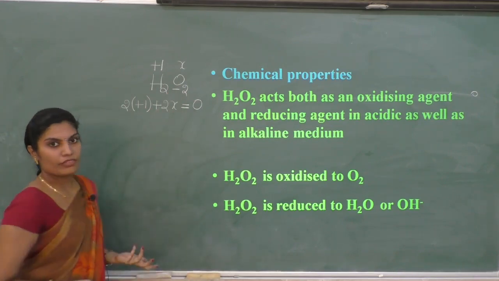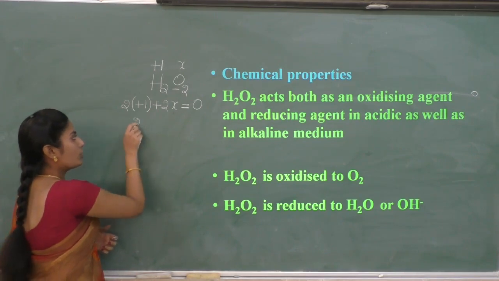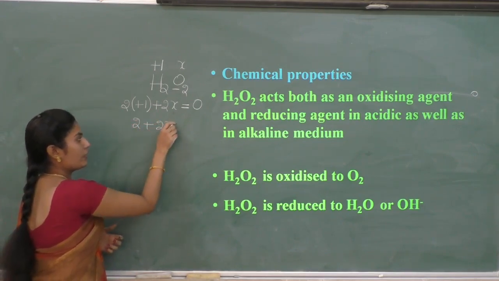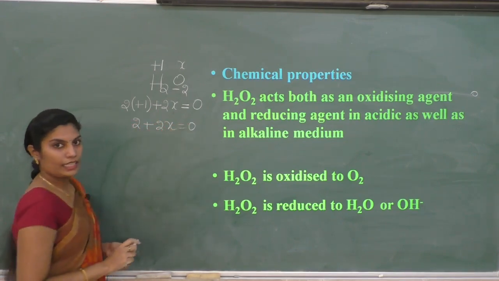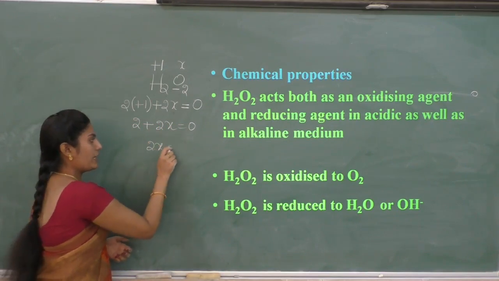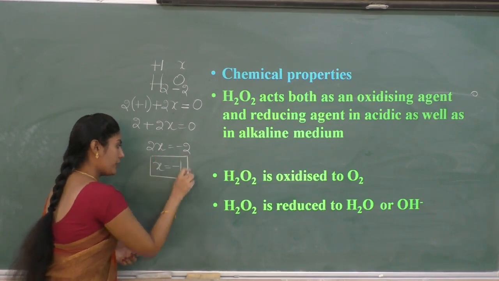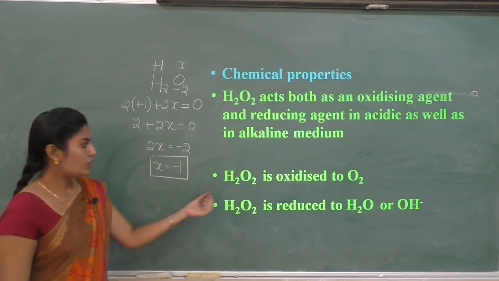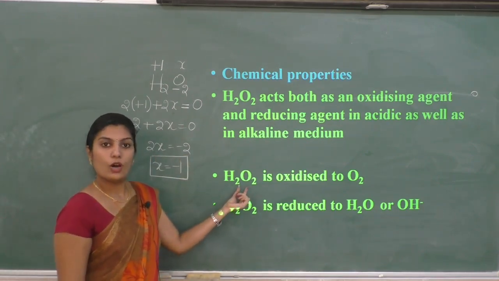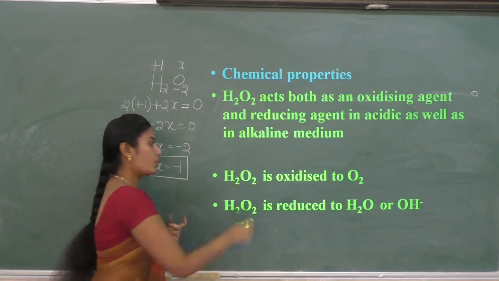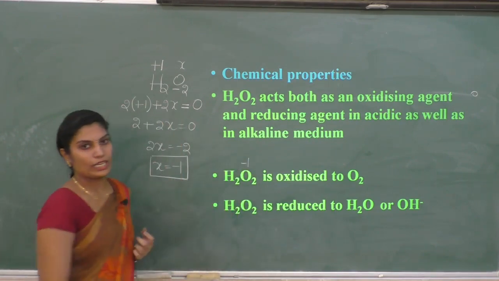Now simplify for x, it will be easy for you. 2 plus 2x is equal to 0. Then 2x is equal to -2, x is equal to -1. From this we came to know that the oxidation state of oxygen in H2O2 is -1.